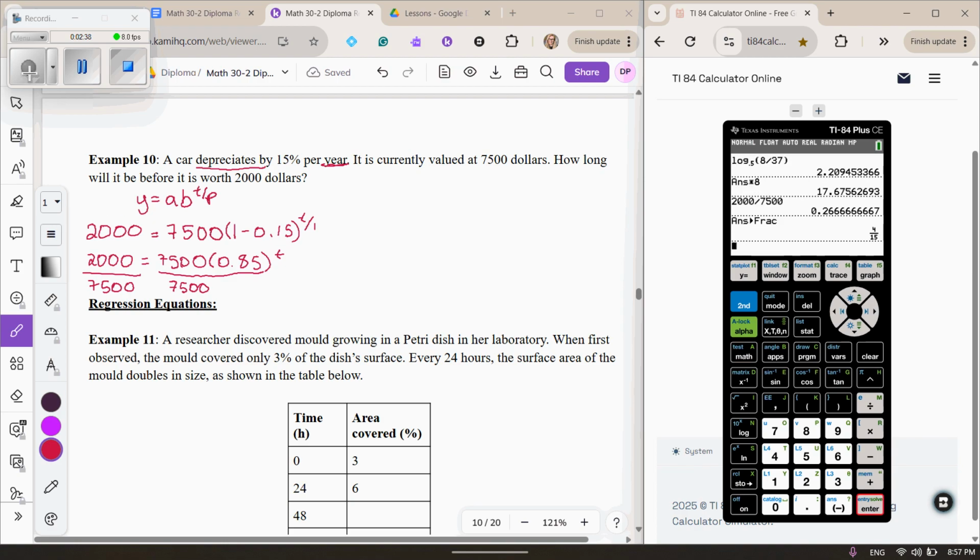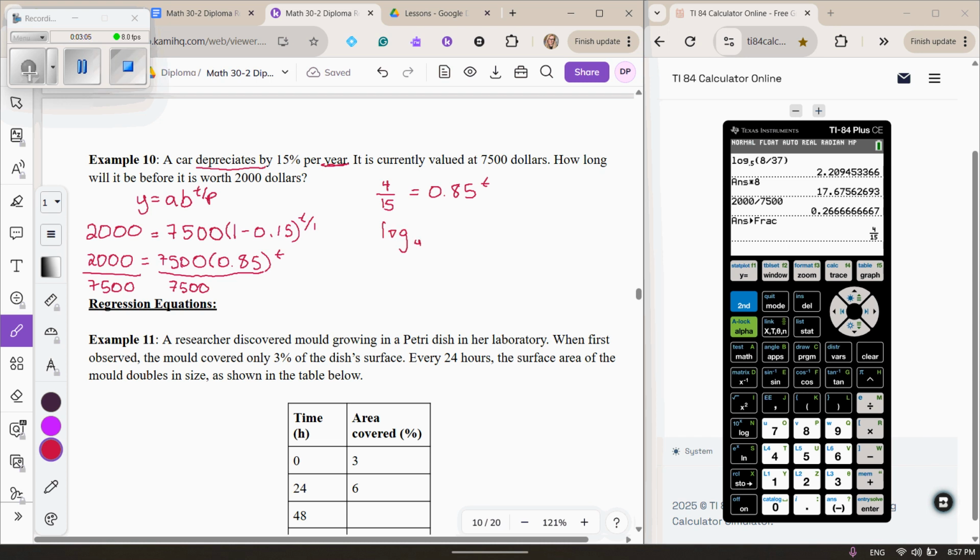Okay, so we get 4 over 15 equals 0.85 to the power of t. So now we have an exponential where our unknown is our variable. That means we're going to solve it by converting to logarithm.